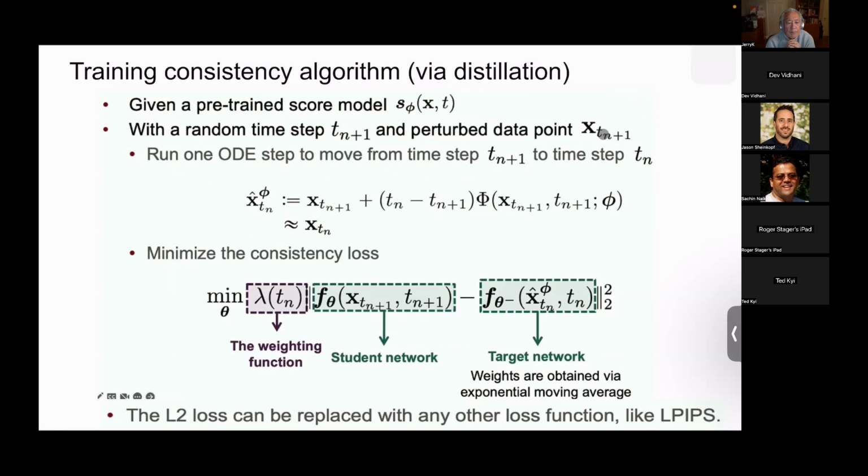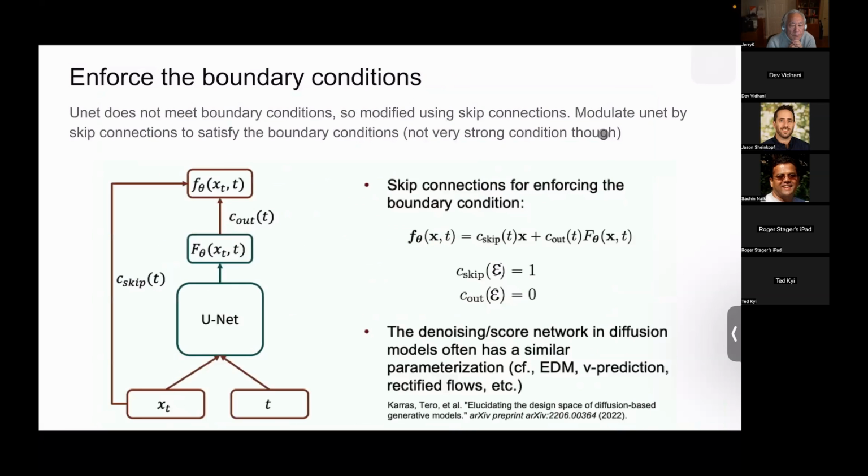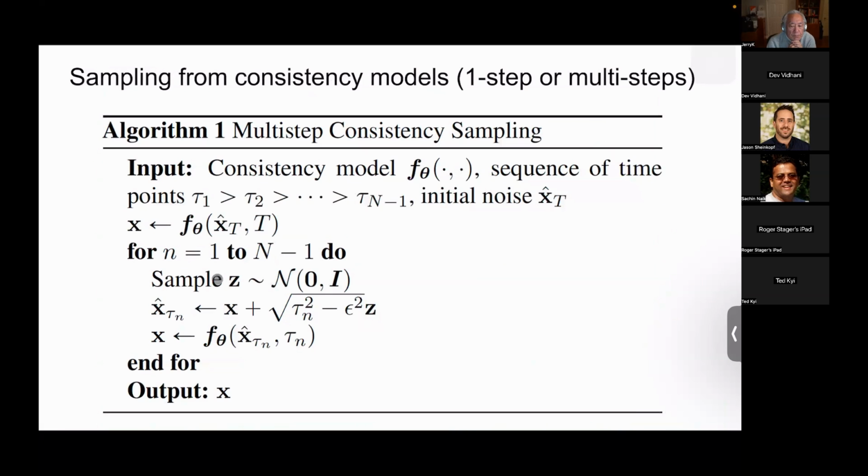And by the way, as we saw earlier, it is a straightforward analytical form to get that xtn.